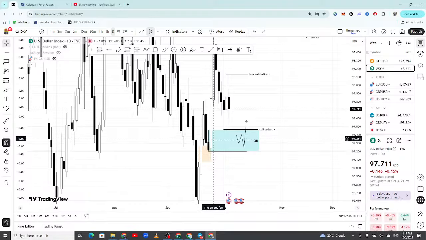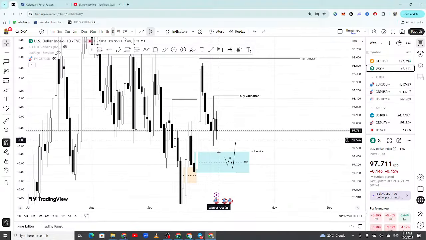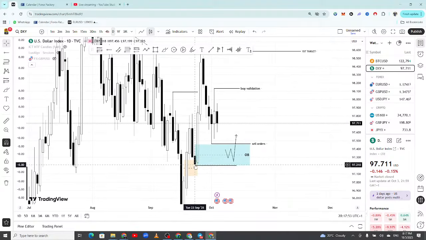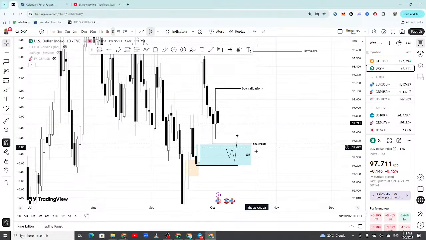Okay, so that's basically what I'll be expecting on DXY. It's still very possible for price to take out this low. And what is also under this low is the same thing that we saw here.